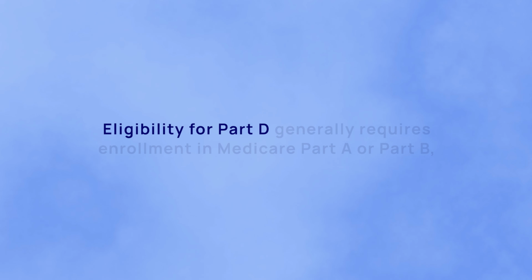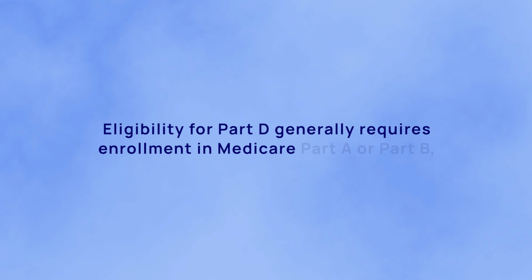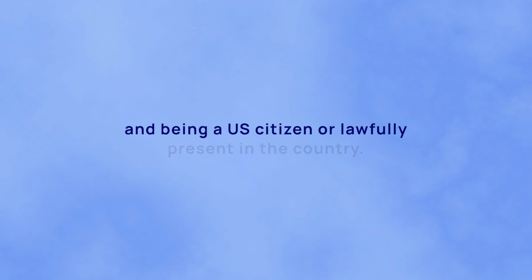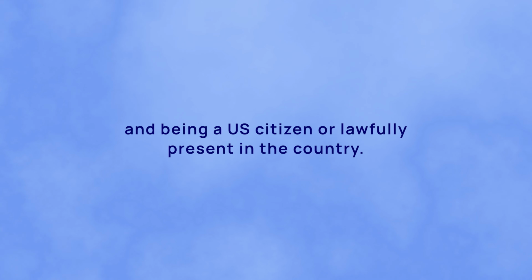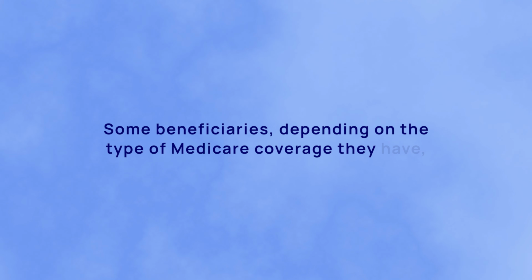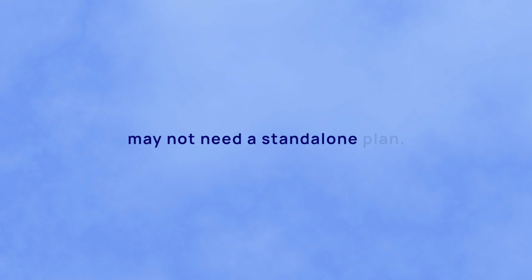Eligibility for Part D generally requires enrollment in Medicare Part A or Part B and being a U.S. citizen or lawfully present in the country. Some beneficiaries, depending on the type of Medicare coverage they have, may not need a standalone plan.